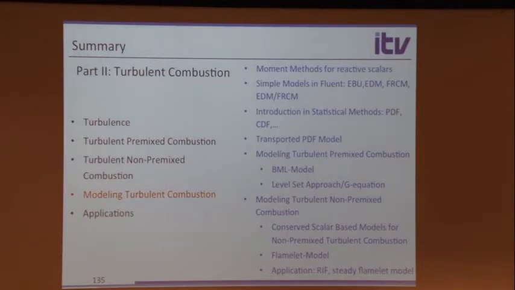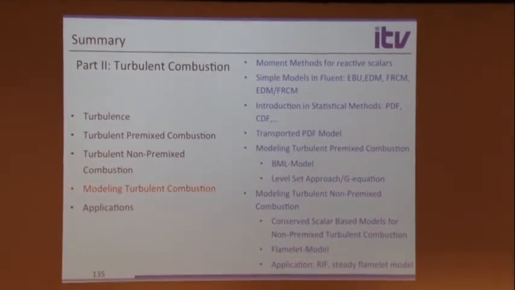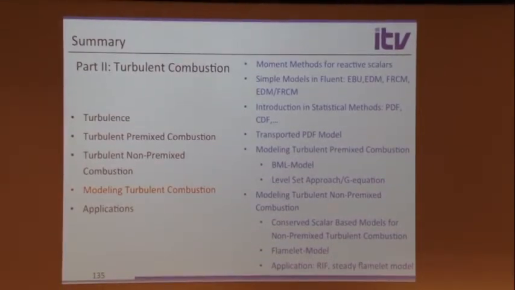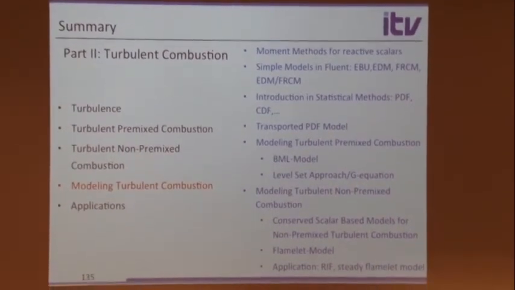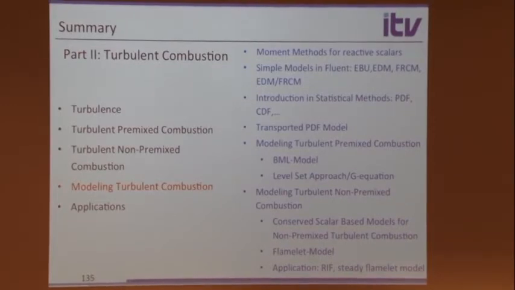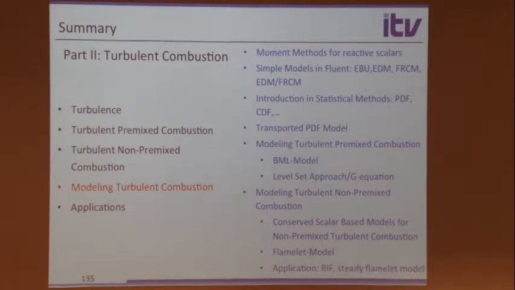Then we talked about the level set model that we use particularly in LES, but which also is now available in many of the commercial codes. And then we talked about non-premix combustion, here particularly about these conserved scalar-based models, and we looked at some of the applications for these two different groups, unsteady flamelet models and steady flamelet models.